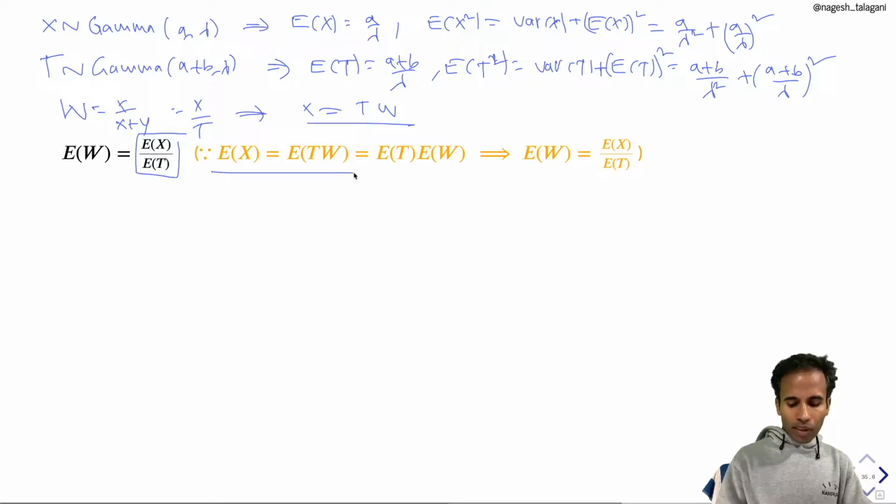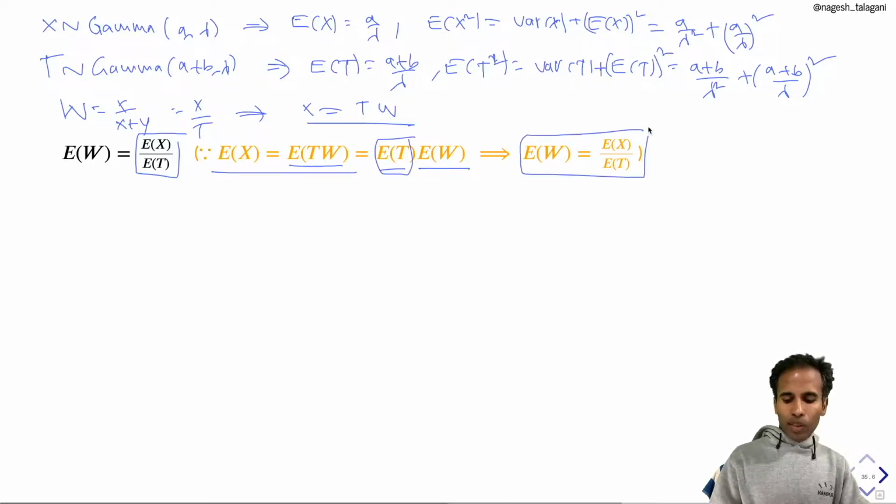So the expectation of X is going to be the expectation of TW, and T and W are independent. So this expectation of TW, I can write as the expectation of T times the expectation of W. If I bring this expectation of T to this side, I can write the expectation of W equal to the expectation of X by the expectation of T.